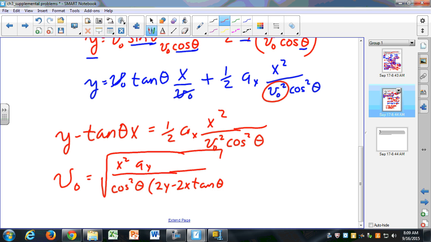There were several steps of algebra that I did. I multiplied both sides by 2, multiplied both sides by 1 over a_y, divided both sides by x squared, multiplied both sides by v naught squared, or excuse me, by cosine squared theta, and then took the square root of it, and then flipped the whole thing to give me v naught, because that solves for 1 over v naught, and then I flipped the whole thing.